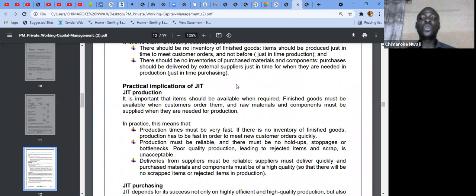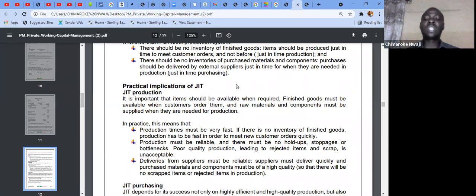There must be no hold-ups in production, no stoppages, no bottlenecks, and there should be no poor quality of production, because if there's poor quality, we need to reject some items. And you know, sometimes because of rejecting of items, you may need to hold stock so that in case there is anything you need to reject, you can use that to replace. So there should be good quality, and deliveries from suppliers must be reliable.